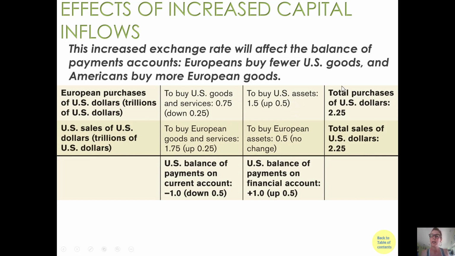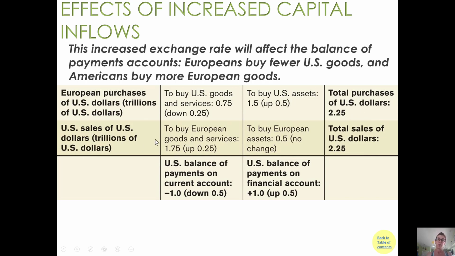It started out as 1, and it decreased by 0.25 to 0.75, but then we've also have an increase of 0.5 up here to buy the U.S. assets, making for a net gain of 1.25, leading to a total demand for dollars from both goods and investment of 2.25. So total purchases of U.S. dollars, demand for dollars is up 2.25 trillion.